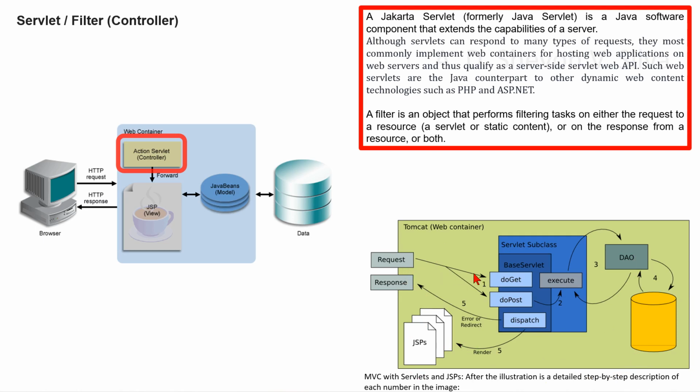The request is connected to doGet or doPost, and doGet and doPost interact with the base servlet, and then the base servlet interacts with execute here in the servlet subclass, and execute interacts with the DAO, and the DAO interacts with the database, and here the dispatch is connected to JSPs, and the dispatch is connected to the response via error or redirect.